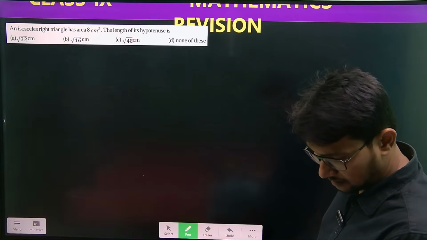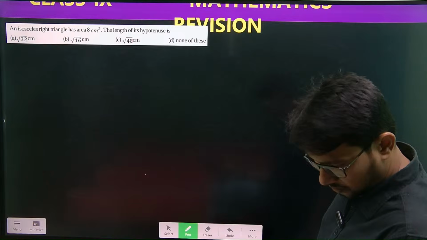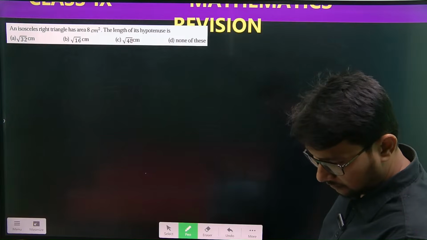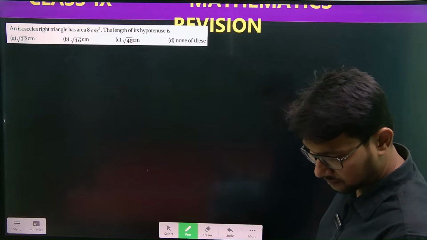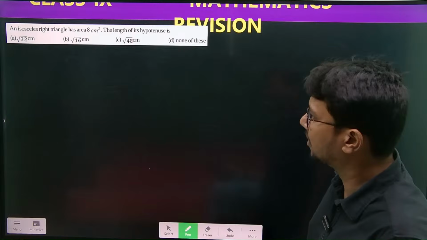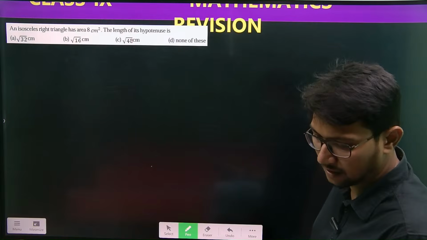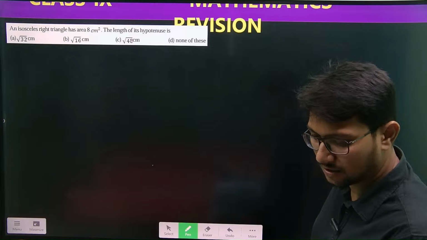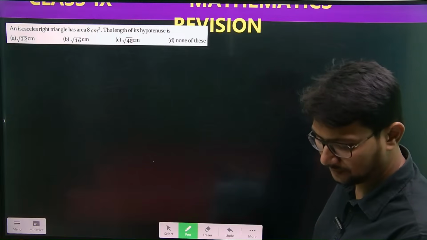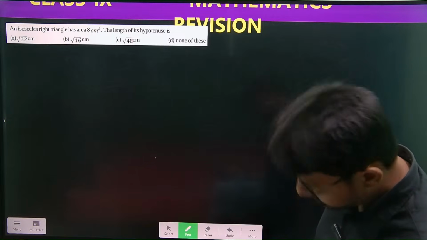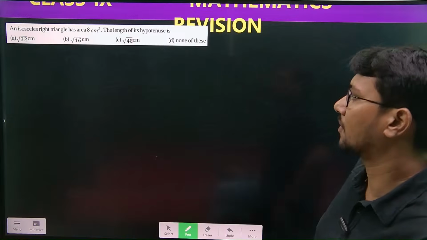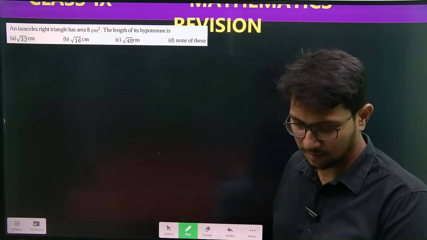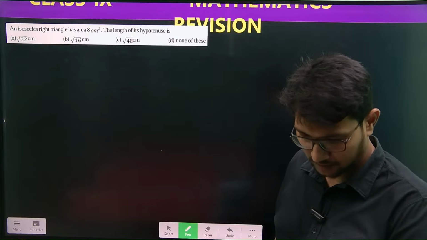Tell me. Square root of 32. Okay, very good. We will solve, then after we will discuss whether it is correct or not. बच्चों isosceles given, figure draw करो. Very simple question बच्चों. ठीक है?